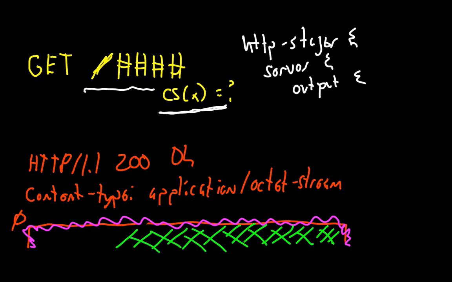But at the beginning of that blob is a very small stub program that is responsible for decoding your payload in place. And so we call that a decoder.